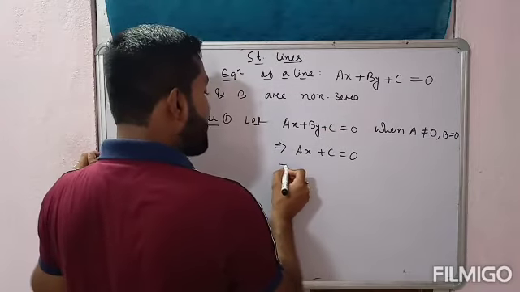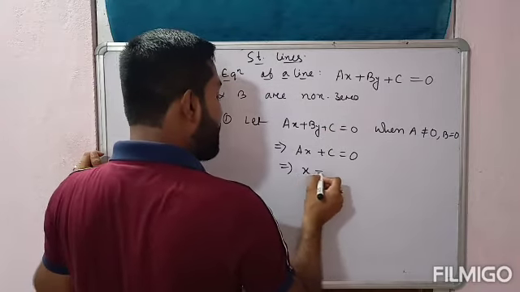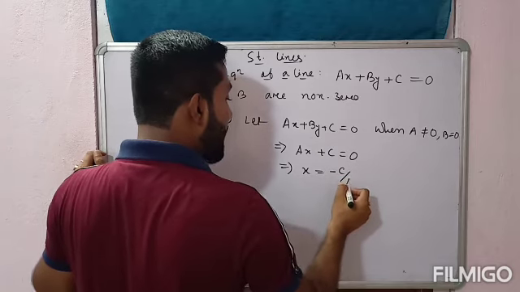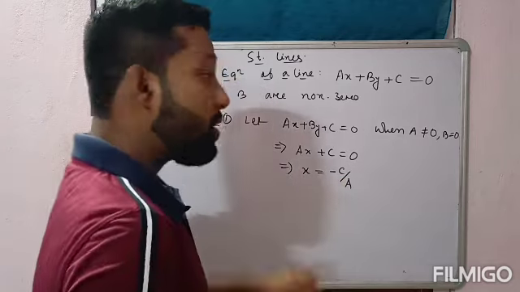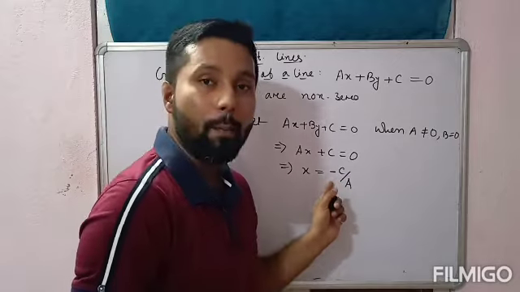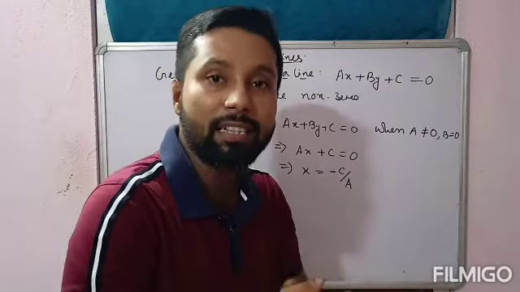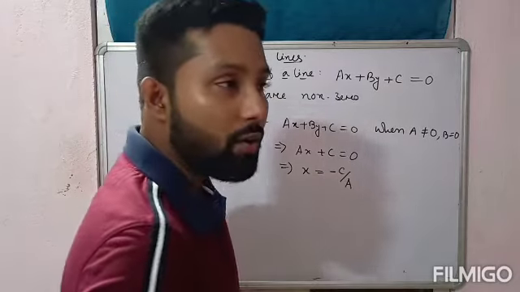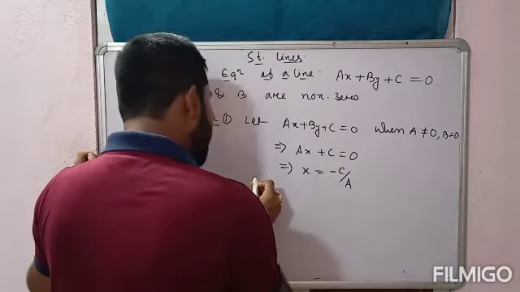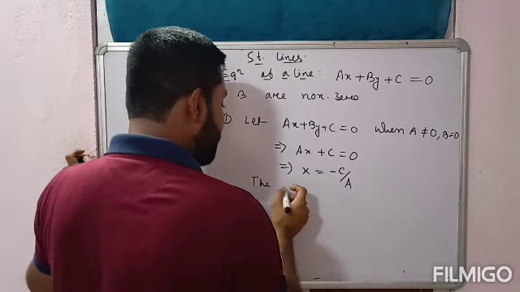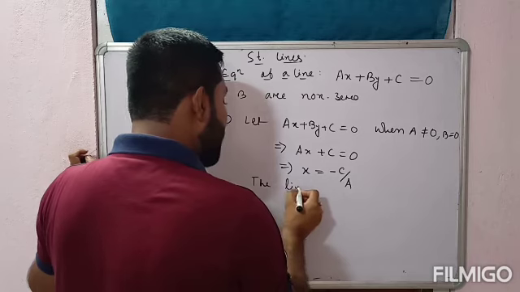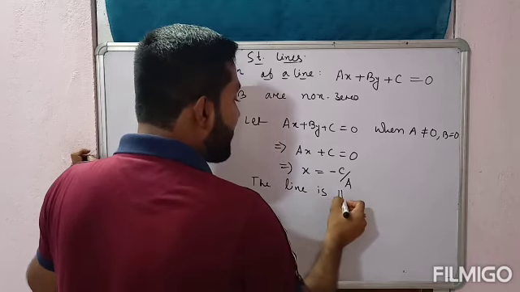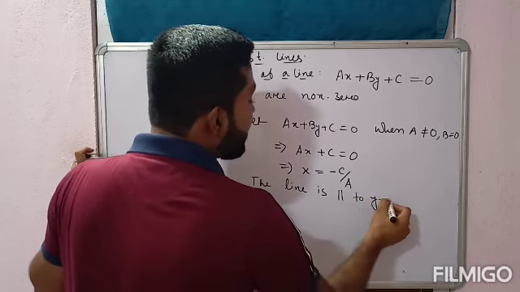So ax plus c equal to 0, which means x equal to minus c by a. So x equal to any constant, as minus c by a is a constant term. So x equal to any constant means this equation, or this line, is parallel to the y-axis.